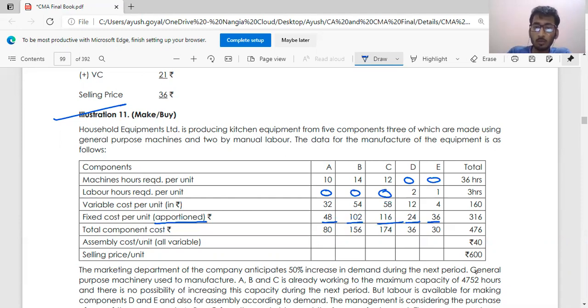If you see, just add both these. So 80, 156, 174, 36, and 40. It should be 40. I don't know why 30 is written, but since it is written, okay. So total component cost is 30. Just add it once. 156, 80, 156.